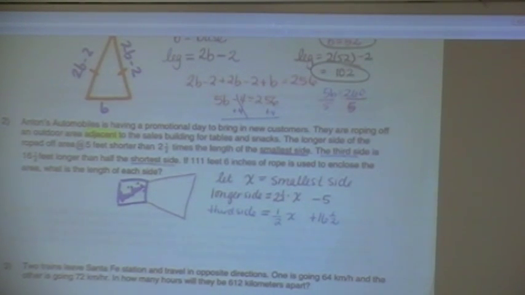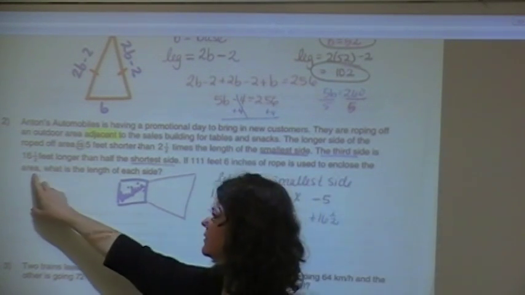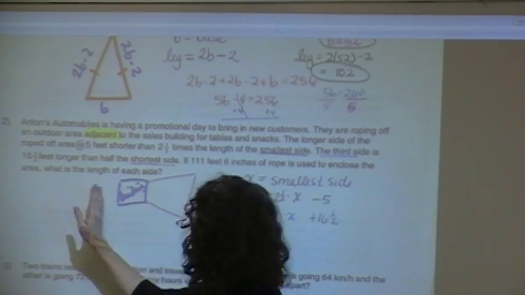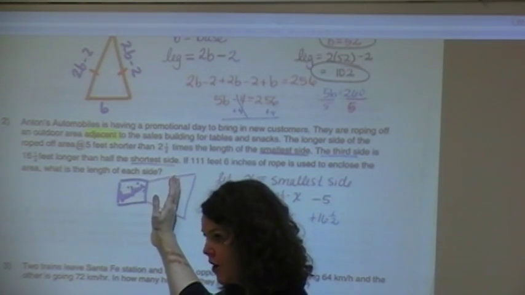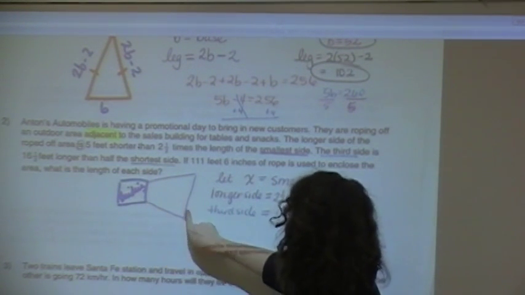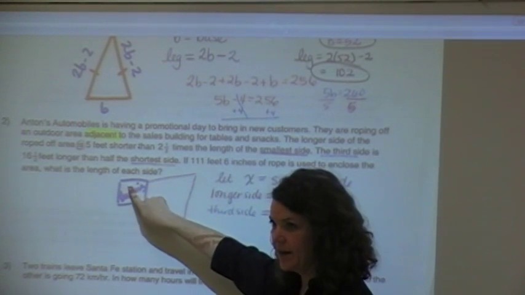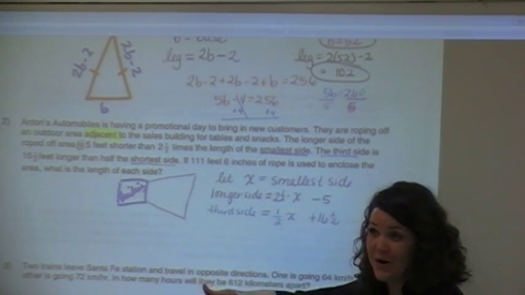Okay. Next sentence, if 111 feet 6 inches of rope is used to enclose the area, what is the length of the side? Now, do not let this word throw you off. We are not finding all of the space that they can put tables and chairs on. We are looking for what can enclose that. So we're looking for perimeter again.